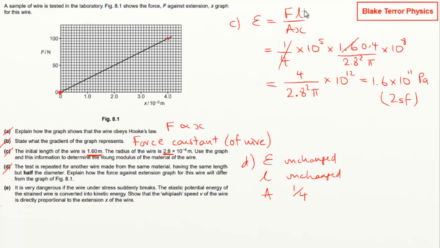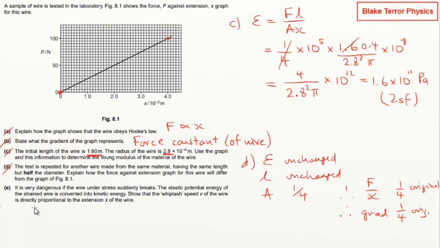So if L and Young's modulus are unchanged, that means our F over x is going to have to be a quarter of the value as well. Therefore, F over x must be 1/4 of the original value, and that is the gradient. So, explain how the force against extension graph will differ: the gradient is 1/4 of the original gradient.